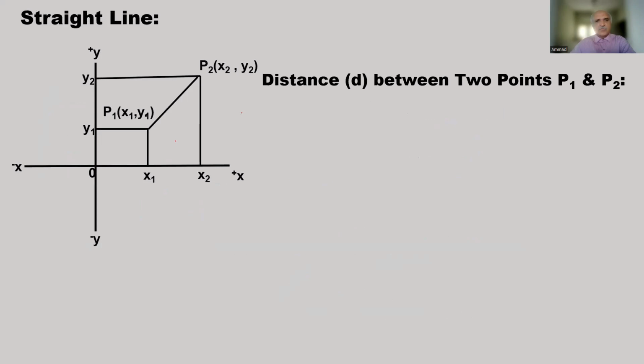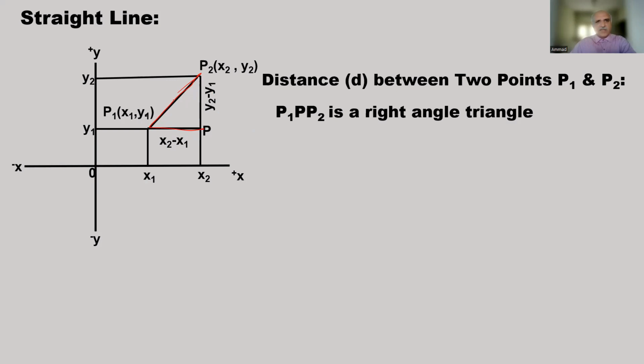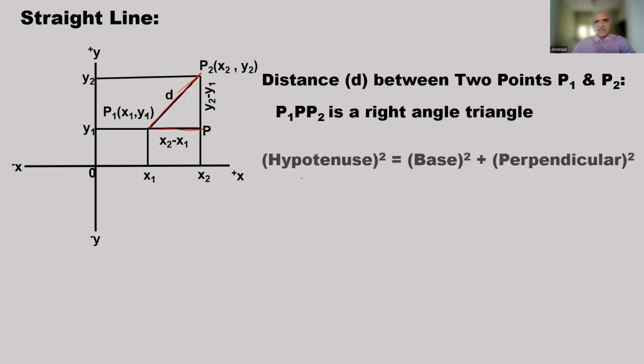Now, next is the distance. How can we find the distance between these two points? Just draw a line, and after drawing this line, we get a triangle which is called a right angle triangle, because this is the base, this is vertical, and this is the hypotenuse. If this is x2 minus x1, this is y2 minus y1, and this is d, then we can apply the Pythagoras theorem to find the distance from P1 to P2.